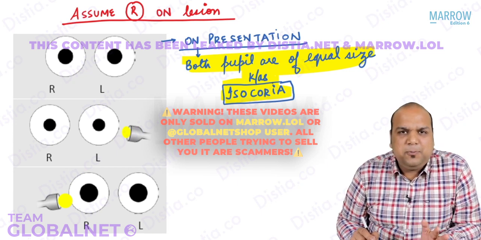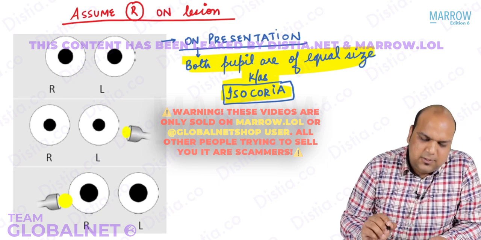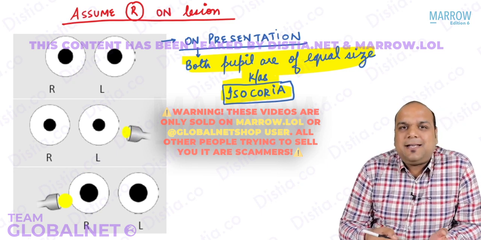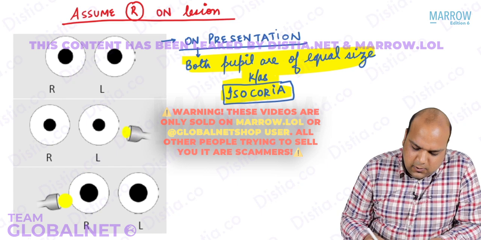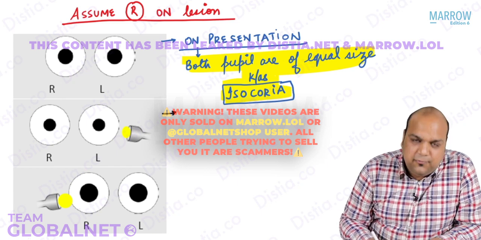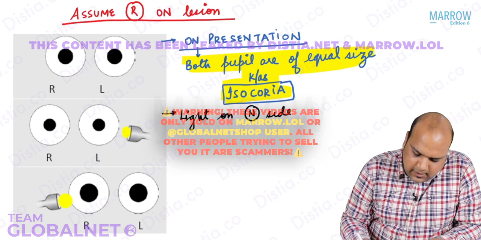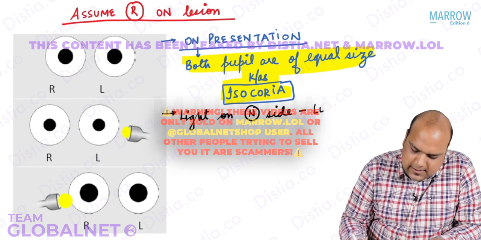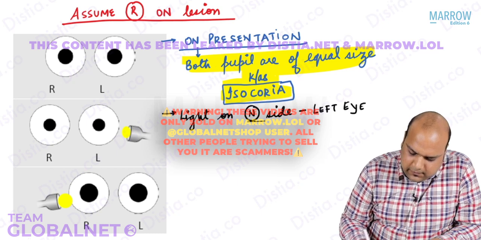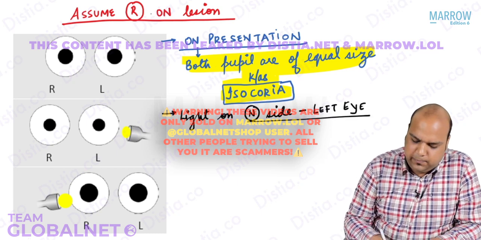So same sized pupil. Now, once we saw this, then we decided to test our light reflex. Okay. So we first have thrown light on normal side. In this case, the normal side is the left eye. I hope we are clear. We have assumed right eye optic nerve lesion.